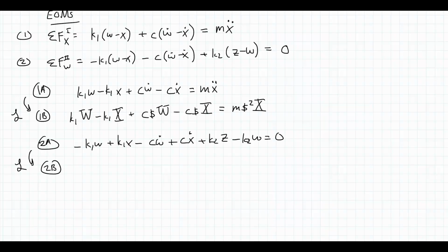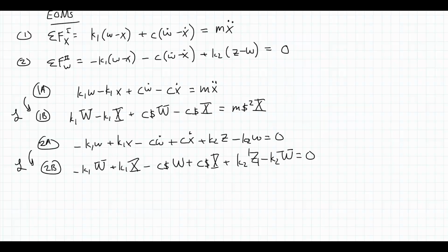So going term by term, I'll get a negative k1 big W, and that will be a plus k1 big X minus a c s W plus a c s X plus k2 big Z minus a k2 big W equals 0. And if we look at 2b, I now have x and w and z in this equation. So the problem with only using 2b is there's too many unknowns to get just x over z.